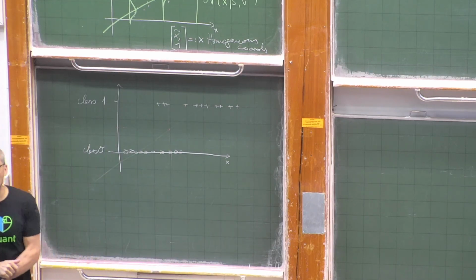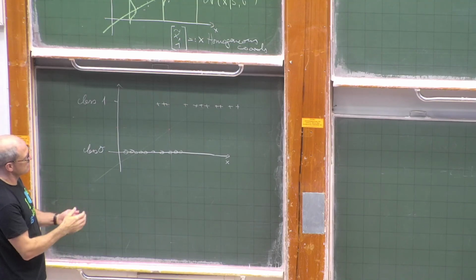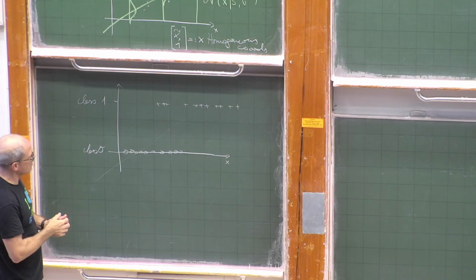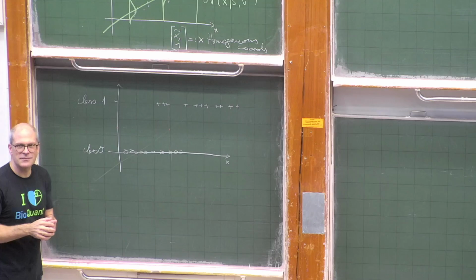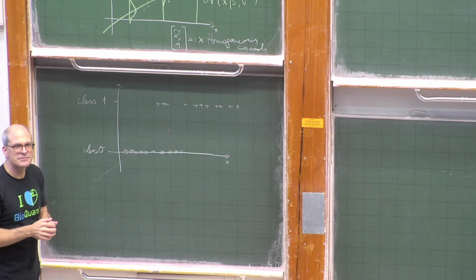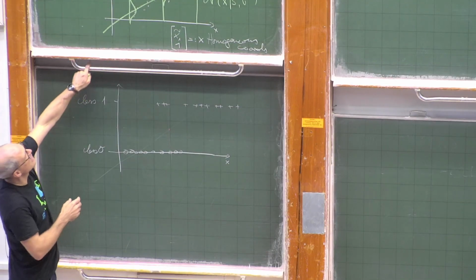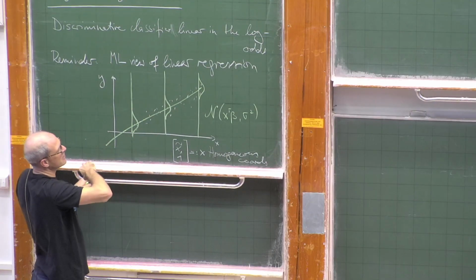But can you think of any problems? How could this go wrong? Also, we have no guarantee that the dependence is linear.